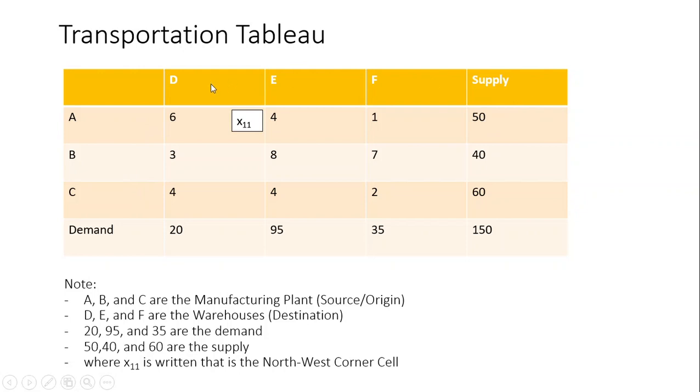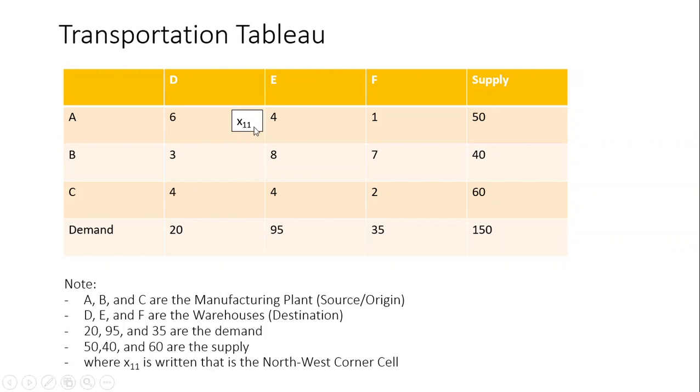Similarly, D, E, and F are the warehouses, or in technical terms, the destinations. The 50, 40, and 60 are the capacity of each manufacturing plant, and the 20, 95, and 35 are the demand of each warehouse.